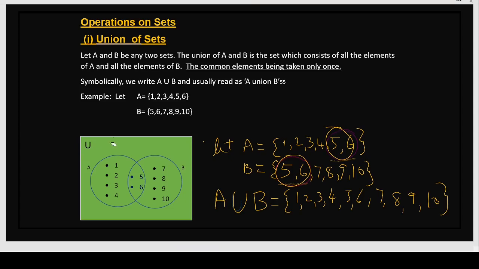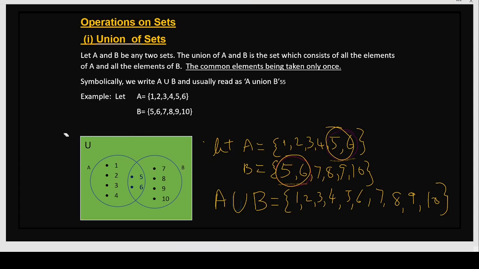Okay, let's take an example. A is a set with 1, 2, 3, 4, 5, 6 as its elements. Set B is another set with 5, 6, 7, 8, 9, 10 as its elements. If you observe, 5, 6 are common to both sets.